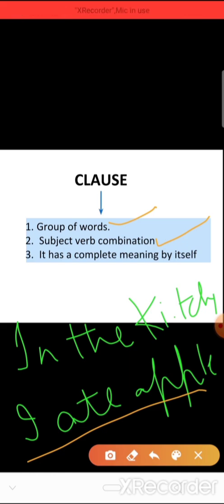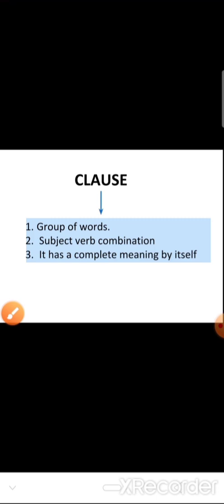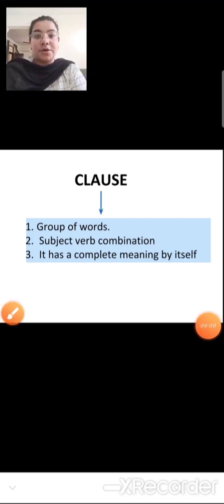Does it have a complete meaning by itself? Yes, it has a complete meaning by itself if we separate it from the complete sentence. The complete sentence was, in the kitchen I ate apple. Now I have separated it from the "in the kitchen" and still it is making a proper meaning. Now I hope that you understand what a clause is.